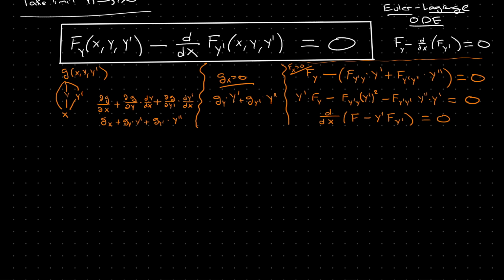And so this is what the Euler-Lagrange ordinary differential equation reduces to if f_x is 0, or the function f does not depend on x explicitly. And this is really nice, especially considering what we got before using method 1. It's so nice, in fact, that the solution to this Euler-Lagrange ODE has a very special name. It's called Beltrami's identity.